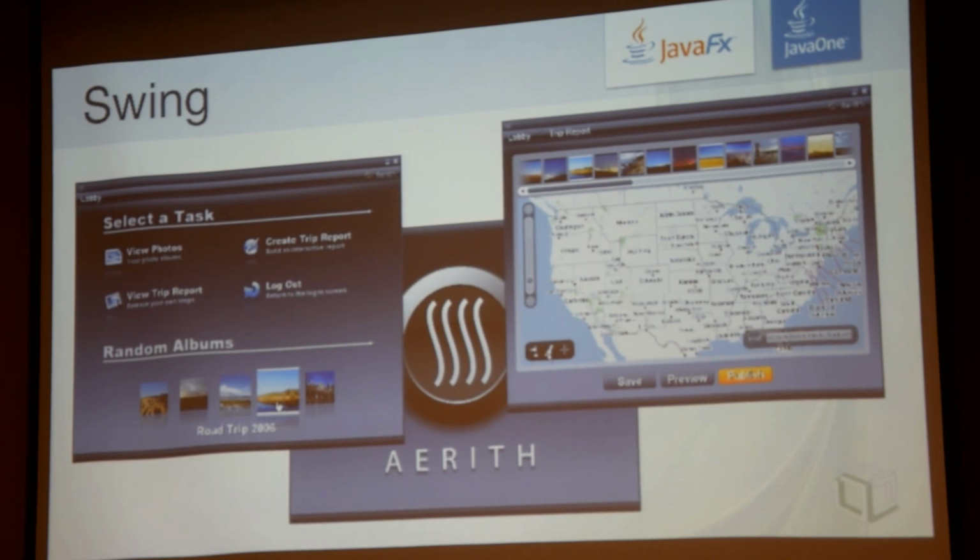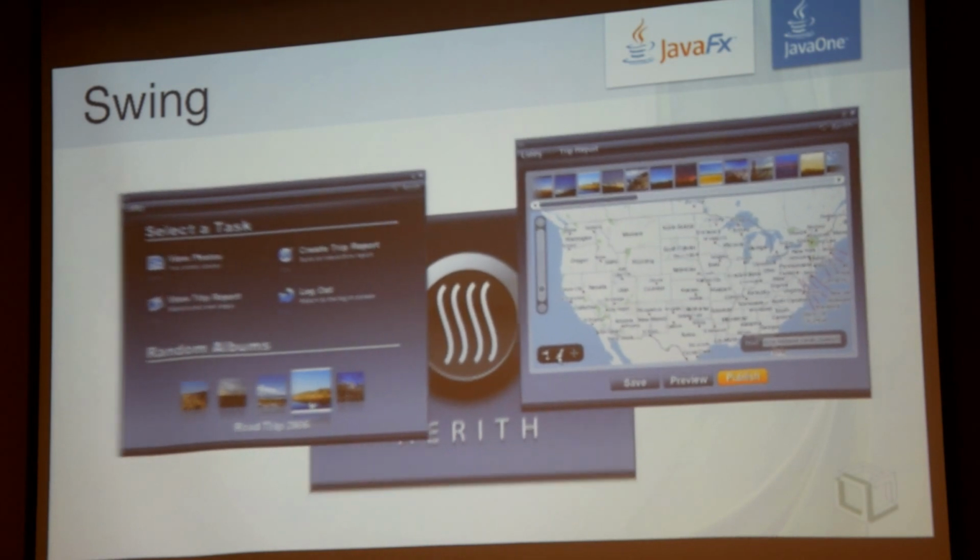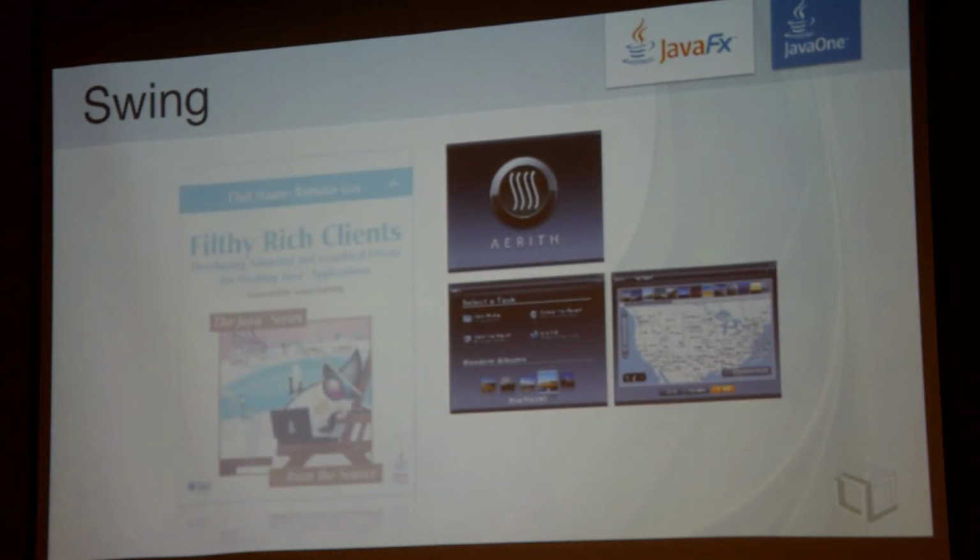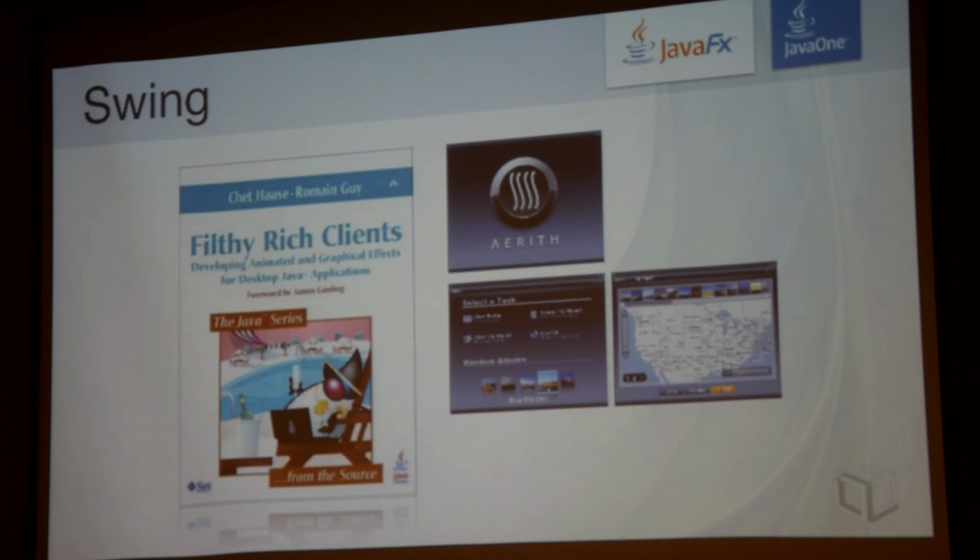So you see gradients and reflections, probably drop shadows somewhere, things like that. So modern stuff, and this looks really nice. But the only way you could really do something like that was if you bought this book and read it, called Filthy Rich Clients. And this was sort of a game changer, because all of these features, all this coolness was already there in Swing, but nobody knew how to use it because it was too complicated.